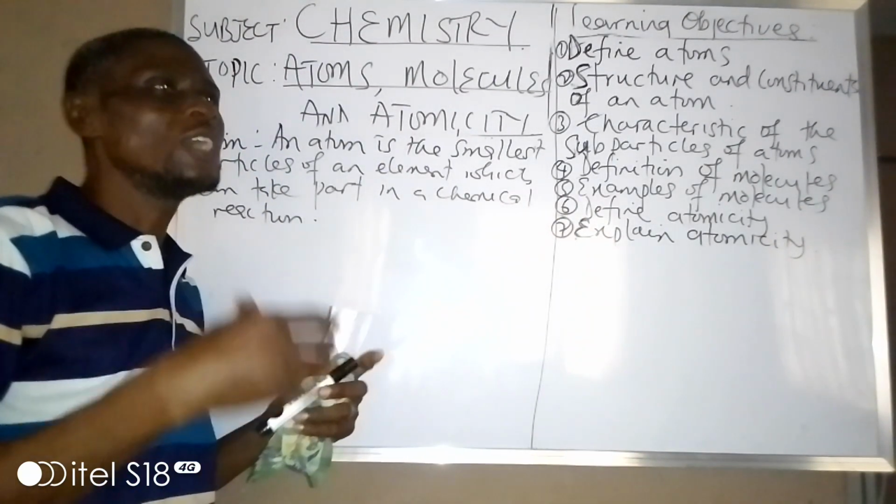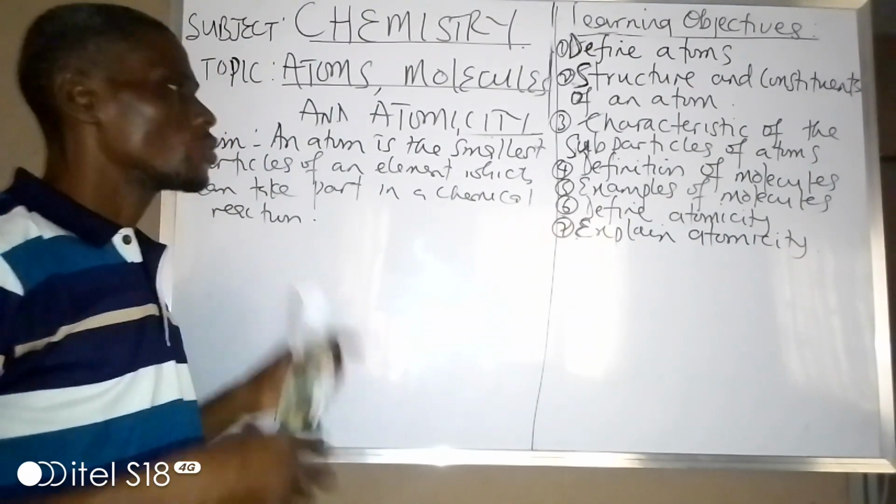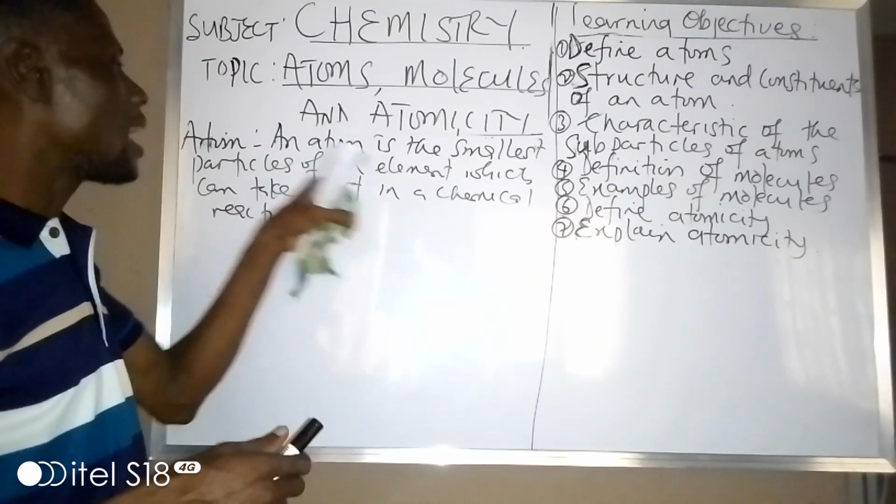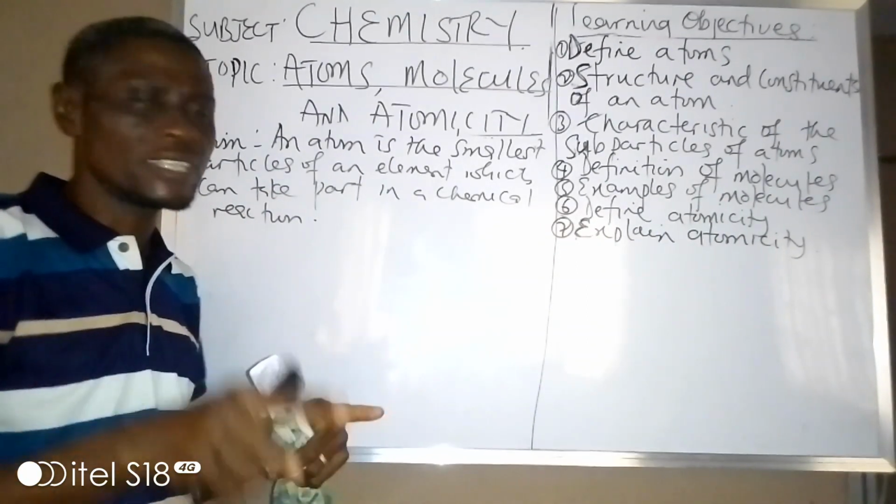So the elemental unit is called atom. So that's how to define atom. You see, I mentioned element here. So element and atom are more or less related.